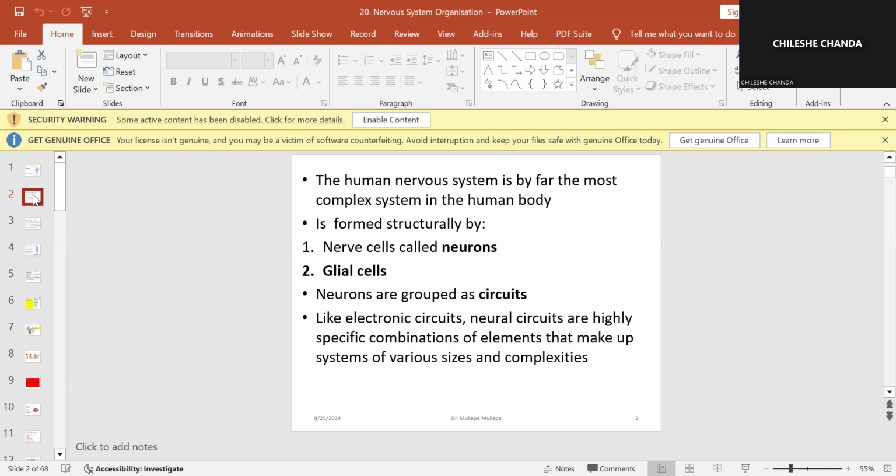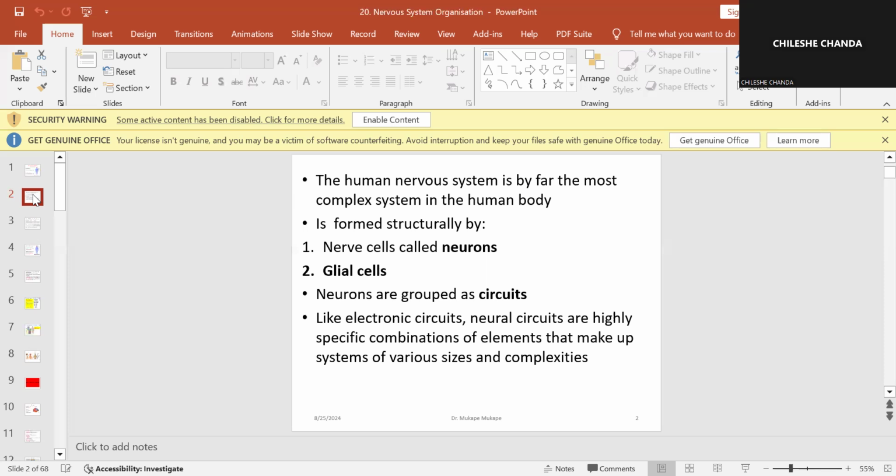Now, the main features of the nervous system include the neurons. Remember, the neurons are the parenchyma of the nervous system, and these are the cells that carry out the actual function of the nervous system, which is carrying impulses from one body part to another.